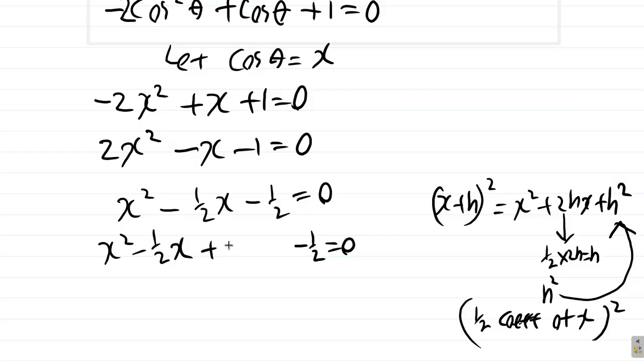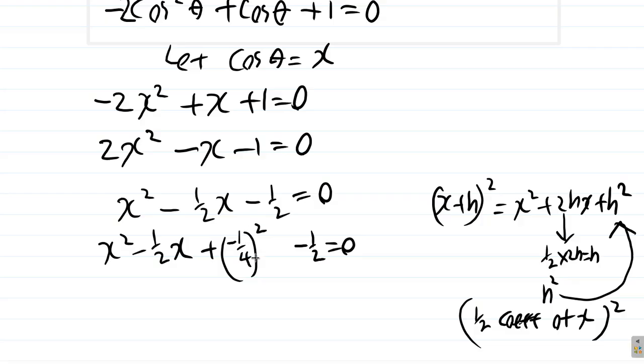So you say plus, the coefficient of x is negative half. Now, half of the coefficient of x is going to be negative a quarter. So negative a quarter, and you square it. Alright? So half of negative half is negative a quarter, and then negative a quarter squared is what you add.